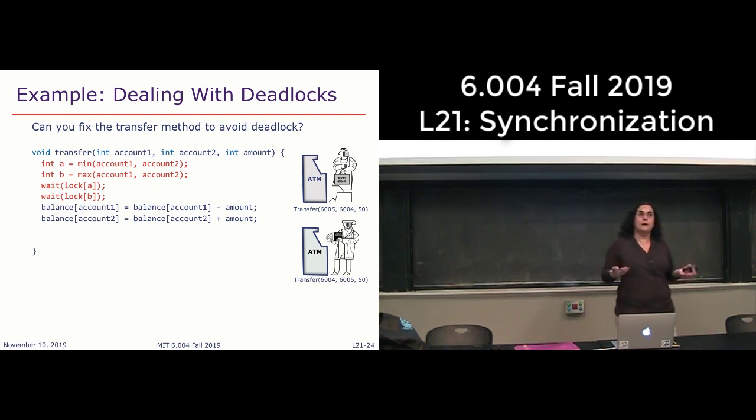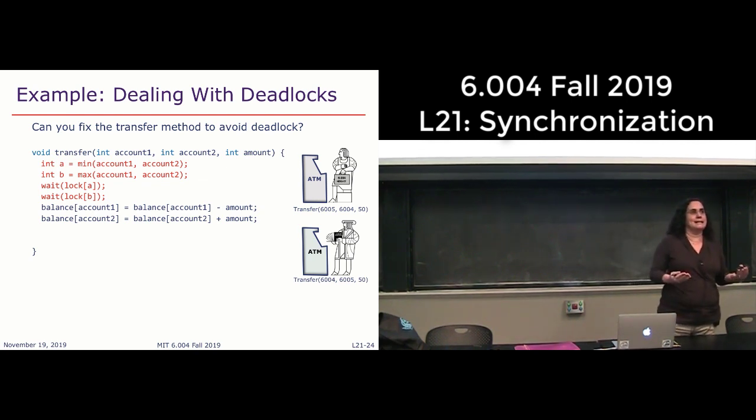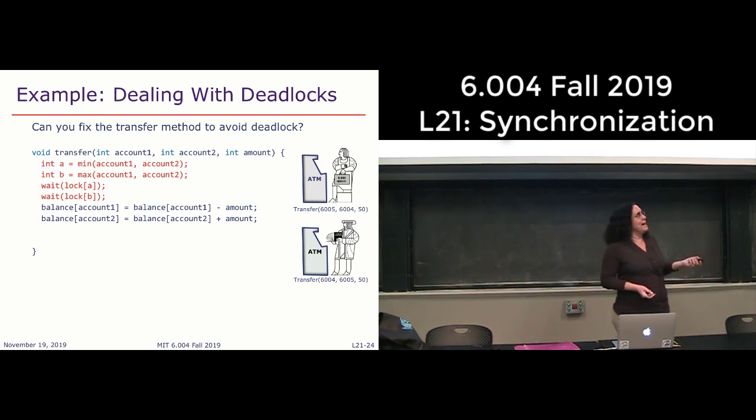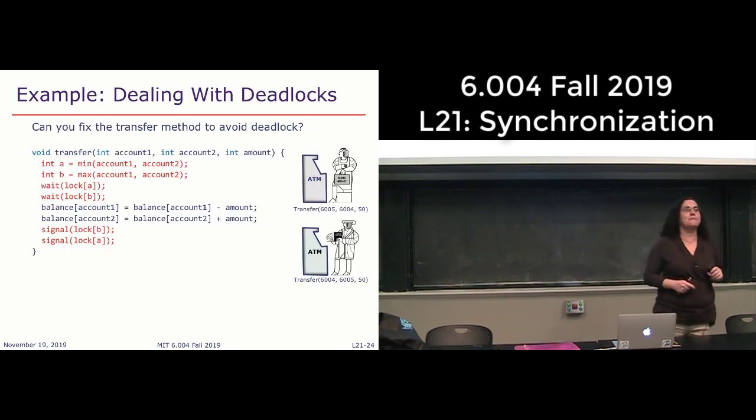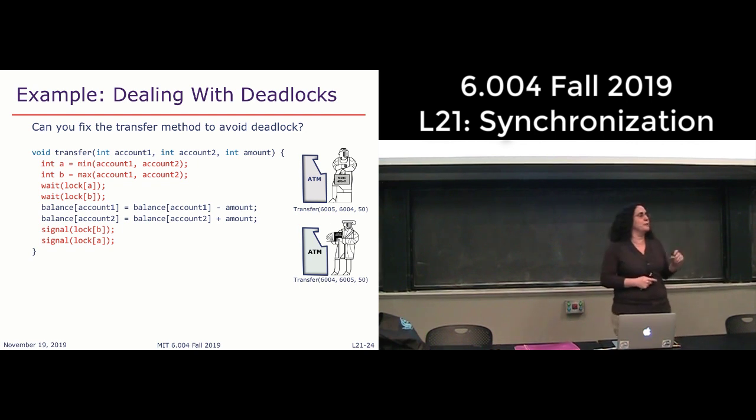Only one of them will be able to actually get that 6004 lock. But the 6031 lock was not grabbed by anybody, and so the one that grabbed the 6004 lock will also get the 6031 lock. And by doing that, you avoid deadlock.